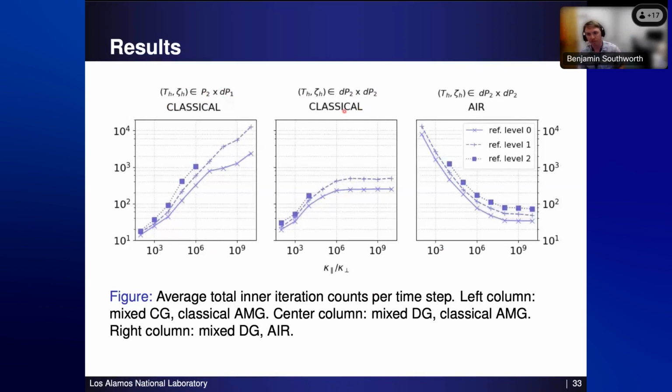DG2 without upwinding with classical AMG, and then AIR applied to our mixed discretization. Here we show the total AMG iteration count as a function of anisotropy ratio. And what we see lines up pretty much with theory: AIR does not work very well in our advective formulation when the anisotropy ratio is not very big.